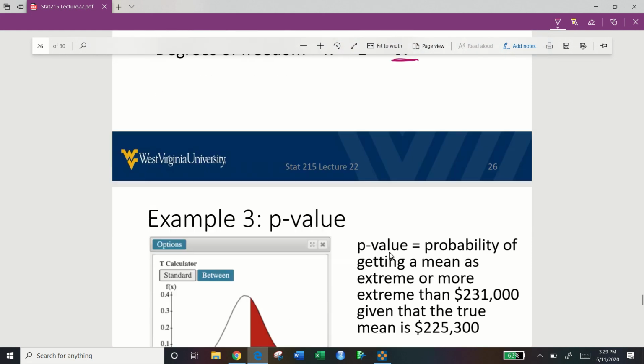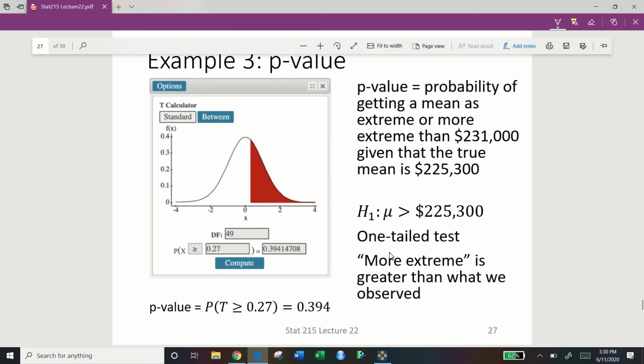Now we can go ahead and calculate our p-value. In this case, our p-value is the probability of getting a mean as extreme or more extreme than 231,000, given that the true mean is 225,300. Our alternative hypothesis, if you recall, is mu greater than 225,300.